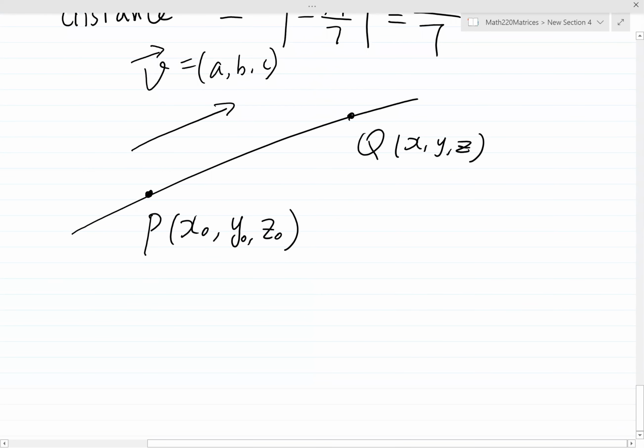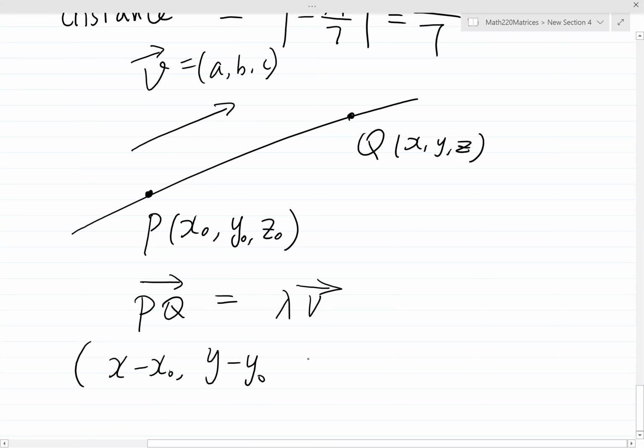So first of all, Q is on this line, which means PQ is parallel to the vector v. So PQ should be a lambda multiple of the vector v. So we get x minus x0, y minus y0, z minus z0.